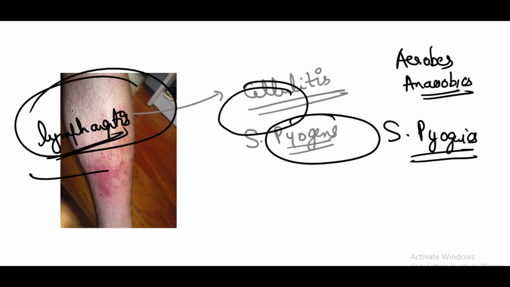So rest and elevation of the affected part to reduce the edema. Antibiotic therapy can be given. Broad-spectrum antibiotics based on culture and sensitivity are preferred. If there is pus, you can go with incision and drainage.